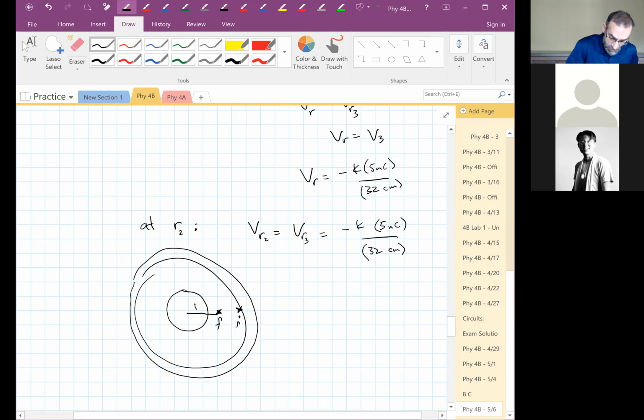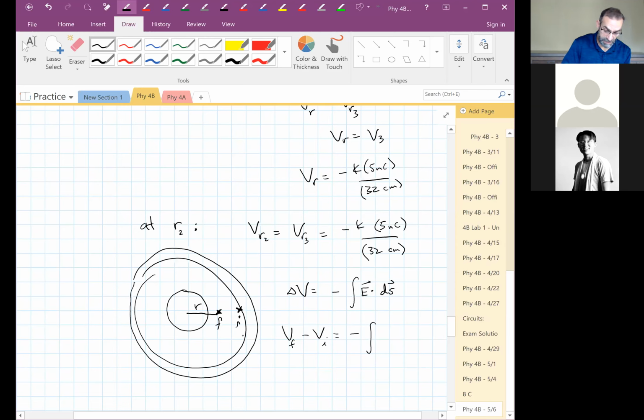So this is our R, any R. So we say delta V is minus the integral of E dot ds. Delta V is final minus initial.